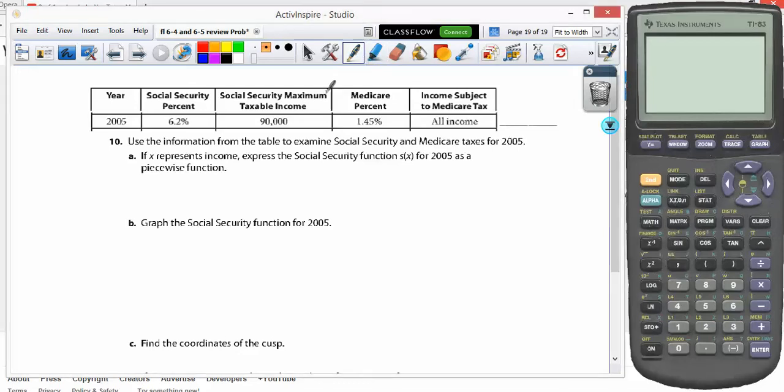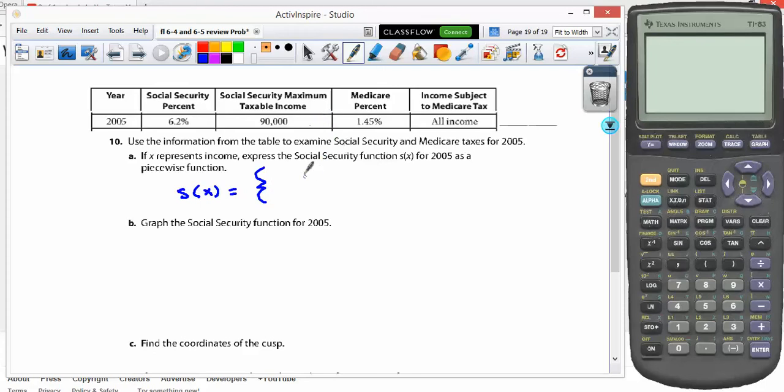So, using the table to examine Social Security and Medicare taxes for 2005, if X represents income, we want to express the Social Security function, S, as it relates to X for 2005 as a piecewise function. So S, the Social Security, as it relates to income, is equal to, okay, we have two parts.